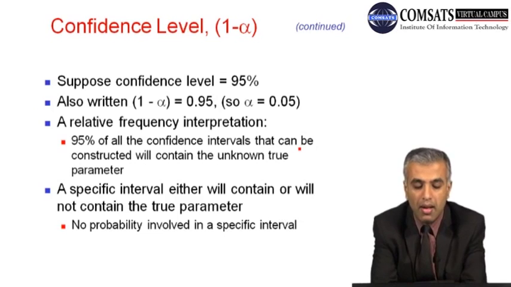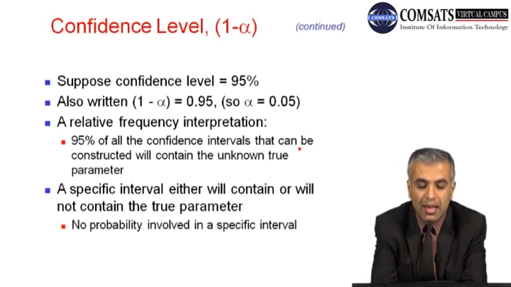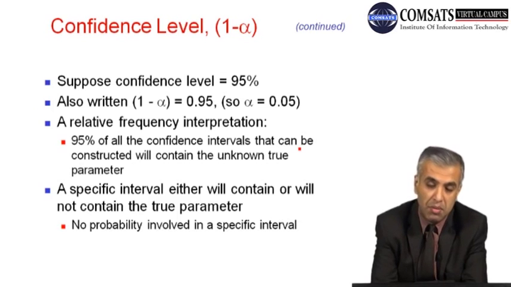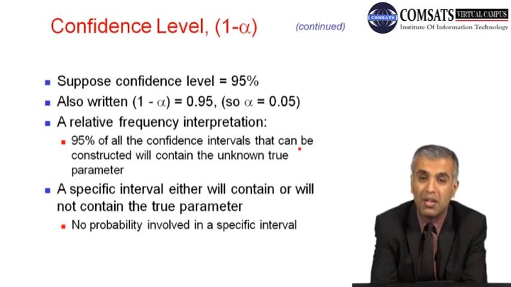So 95% of all the confidence intervals that can be made will contain this unknown true parameter. As there is no probability which can be calculated for a specific interval, we can say that it may contain the true parameter or it may not.